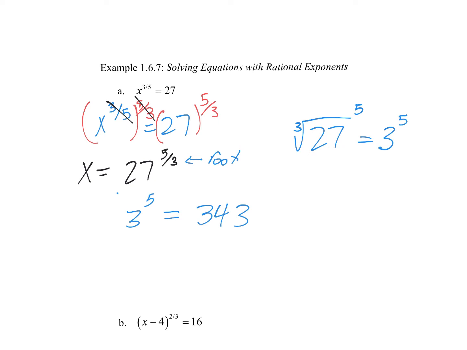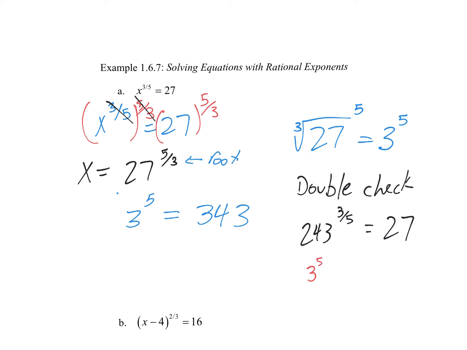We should go back and double check this. So in order to double check, we can plug it back in. And we, of course, can say, hey, 243 to the 3/5 power, does that equal 27? And we could break it down. We can say, hey, 243 is 3 to the 5th power, and that is raised to the 3/5. Cancel out, of course, this denominator and this.